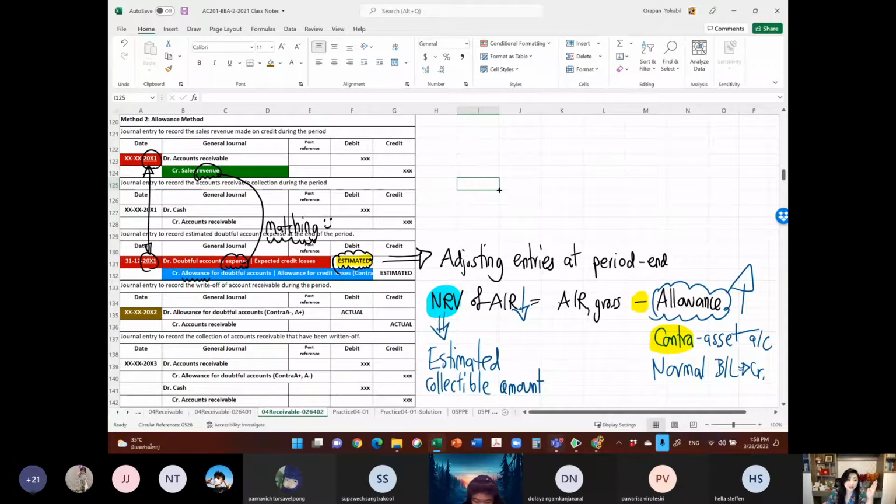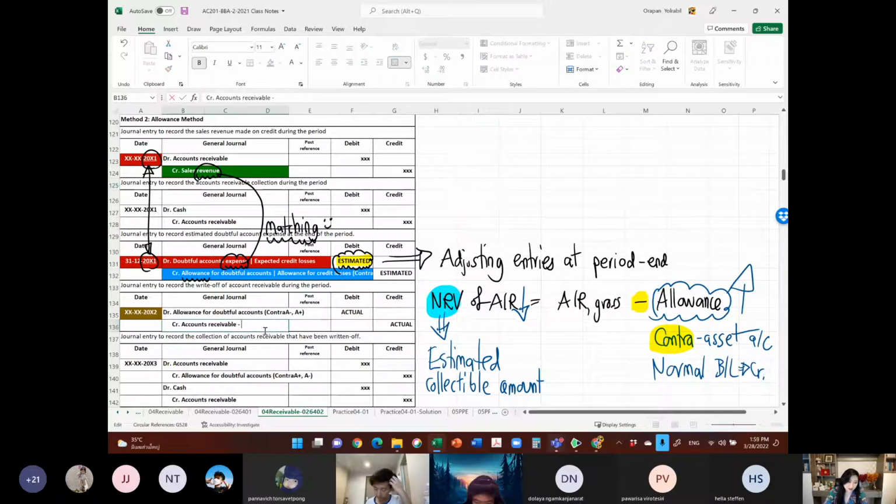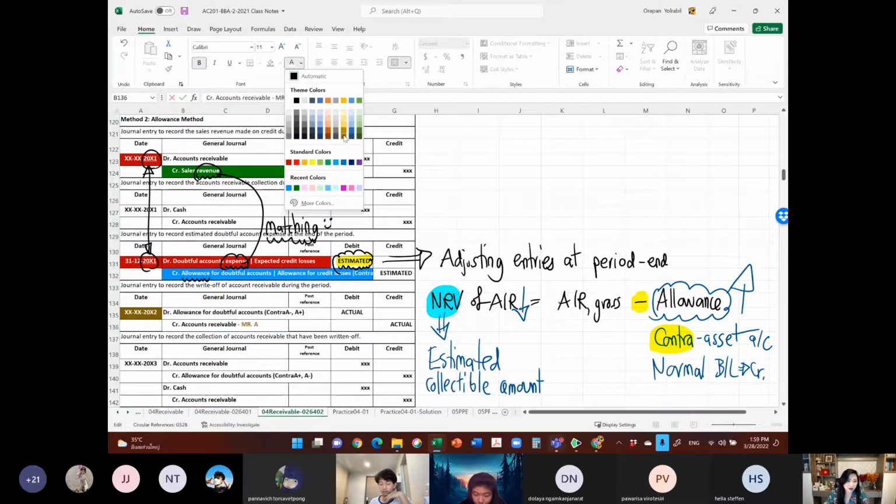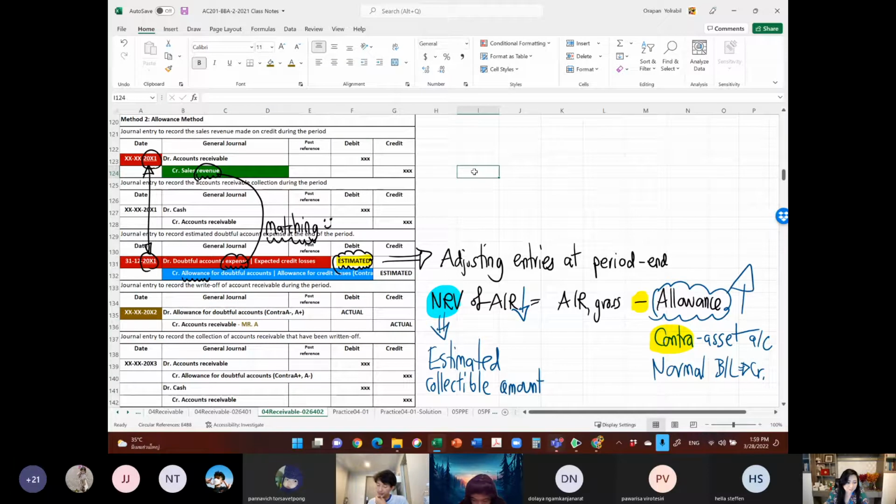Sometime later, you then realize that Mr. A has gone bankrupt and will not be able to make the payment. So if that's the case, then you have to write off his accounts receivable. This is the accounts receivable specifically belonging to Mr. A.